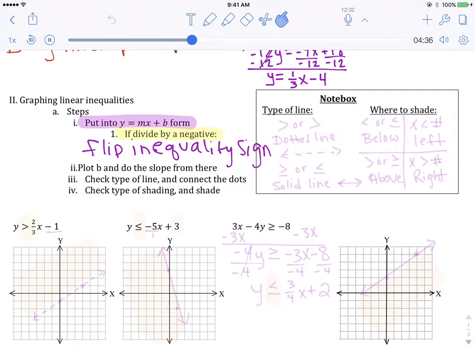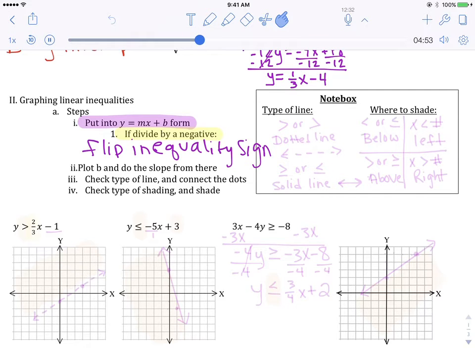Okay? So, when we are looking at these, we're going to check what kind of line it is, and then we're going to connect our dots and check what type of shading it is, and then shade.